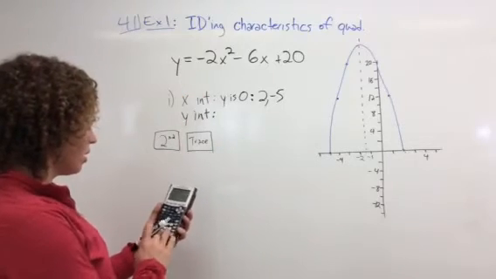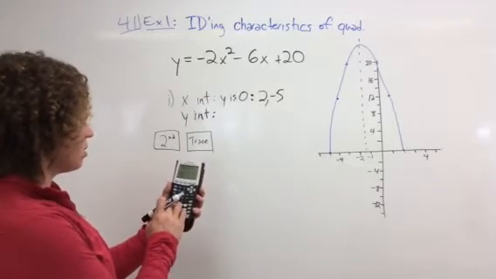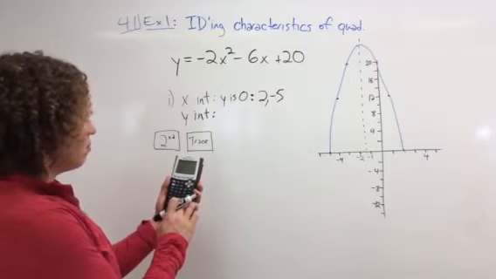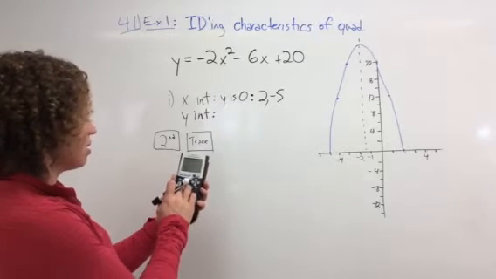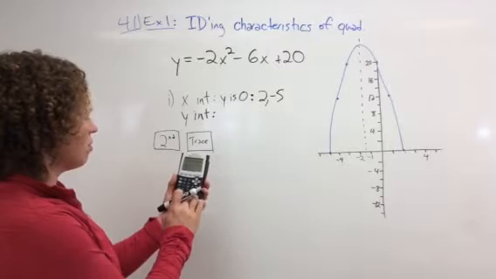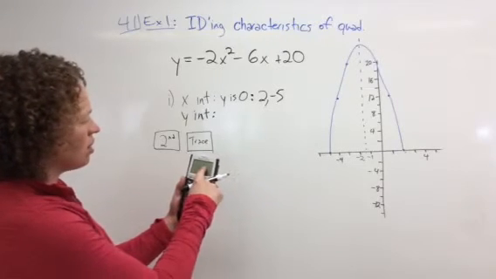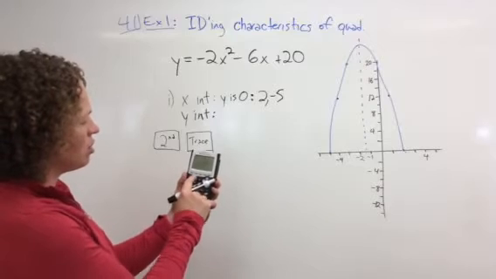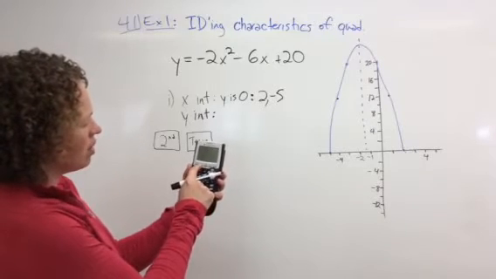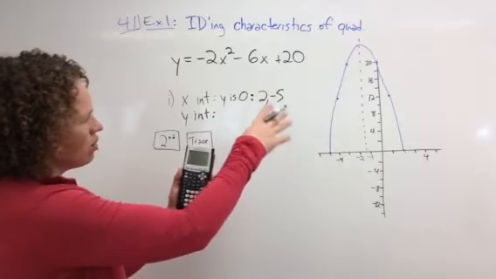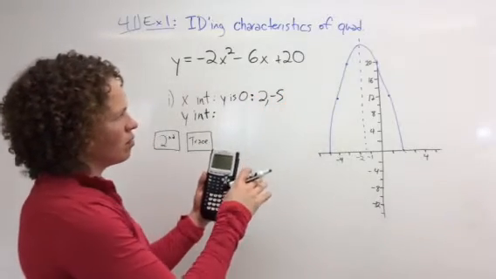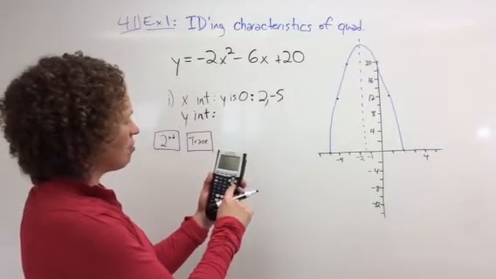I've put this in my calculator, -2 x squared minus 6x plus 20. I've graphed it. I've got a big, huge graph that actually goes off of my page. So then I would hit window, and knowing approximately where the points should be will help me to set my window.